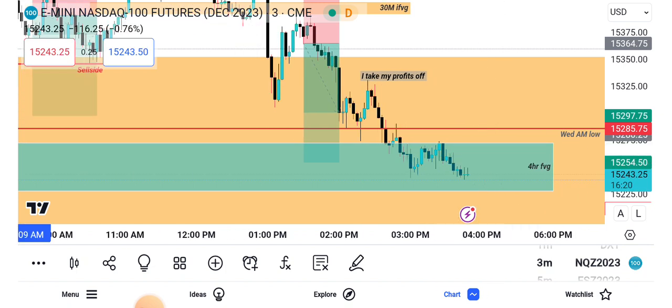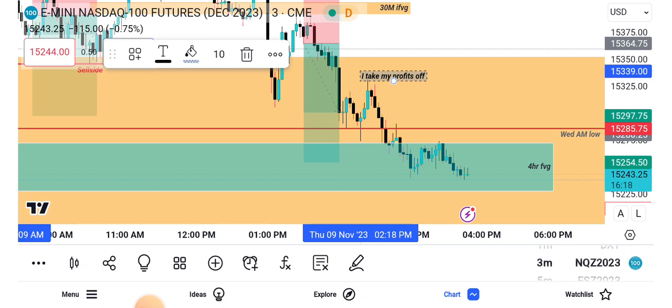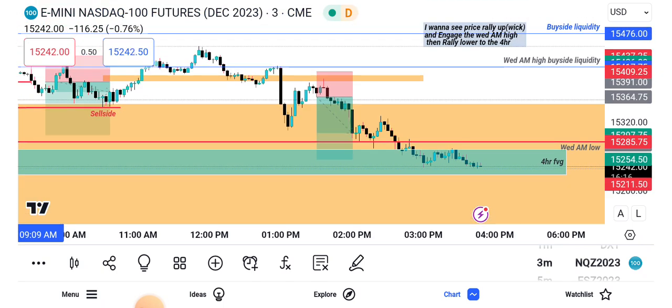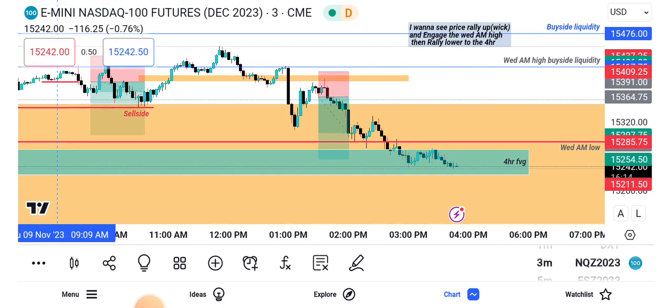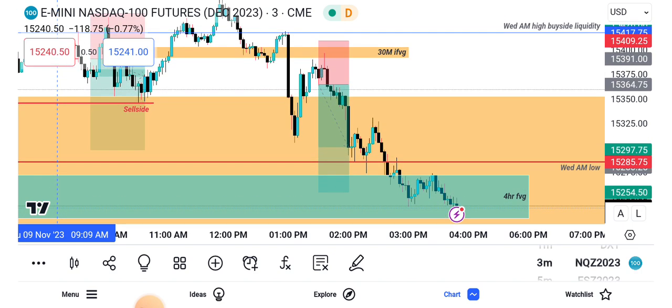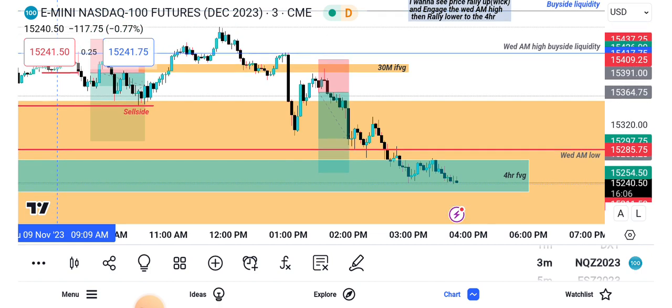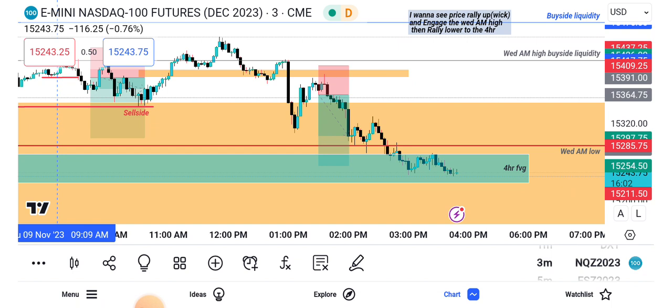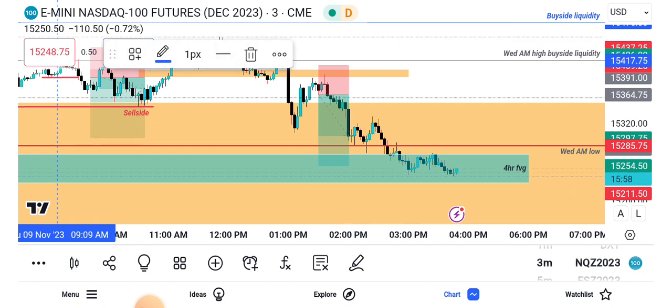So for tomorrow's trade, we are expecting buys. Let's wait and see if our sell side objectives or points of interest have been tapped into. So we want to see higher prices from next week. This has been engaged.